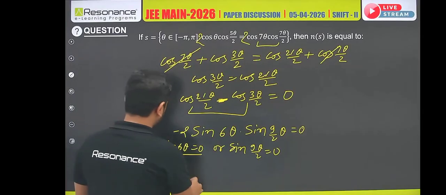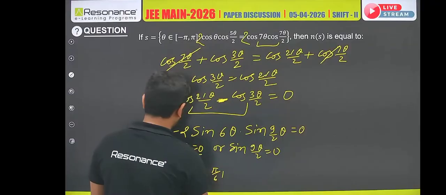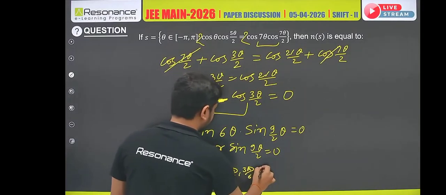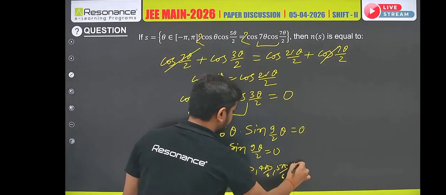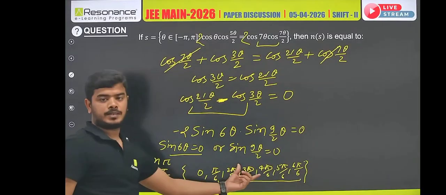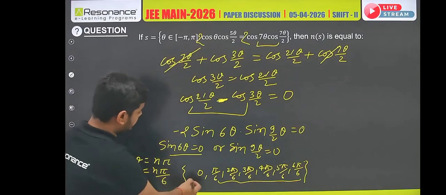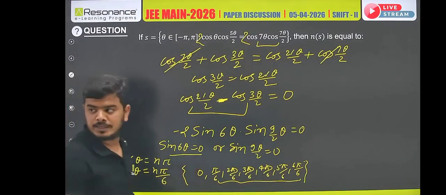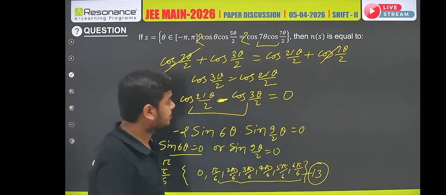Now put n = 0, 1, and you get θ = π/6, 2π/6, 3π/6, 4π/6, 5π/6, 6π/6. And these are the positive part. Negative also you can take, because you need to take from minus π to plus π. So how many angles? 6 positive, 6 negative, 12, and 1 for zero, 13. Total 13 angles from here.